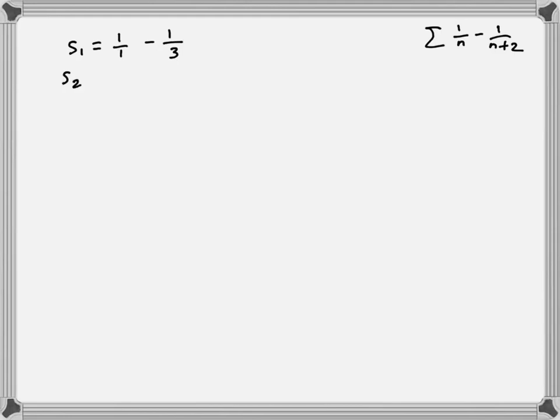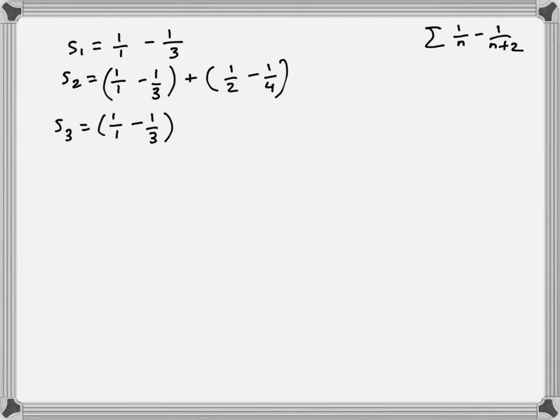If I do S2, this is 1 over 1 minus 1/3 plus, and then the second one is 1/2 minus 1/4. So far we don't see any cancellation. Let's keep going. How about S3? We get 1 over 1 minus 1/3 plus 1/2 minus 1/4 plus 1/3 minus 1/5.